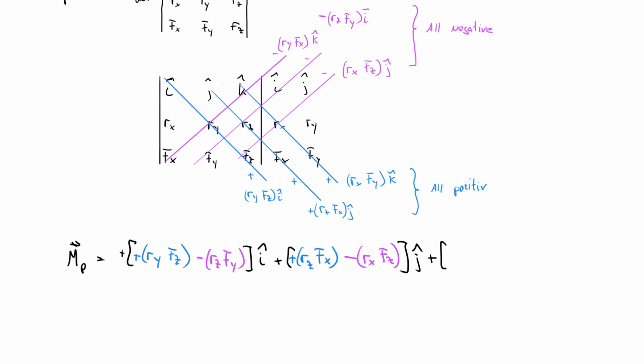And last but not least, the k component, where I start with my blue component again, rxfy, positive, minus ryfx, and this is now the k component.